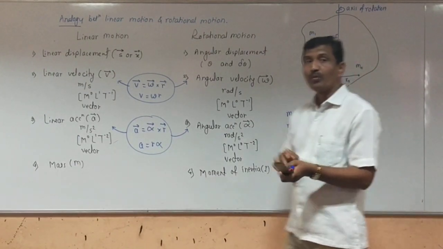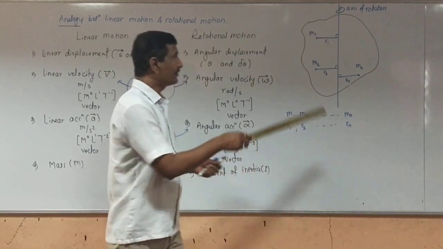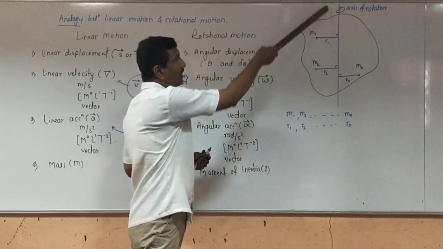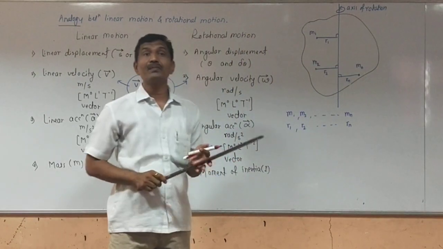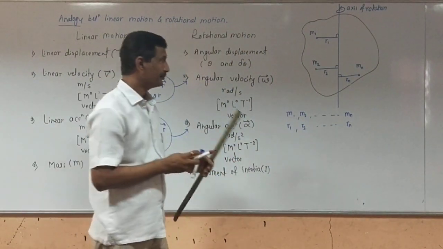Now, what does moment of inertia of this rigid body about a given axis of rotation mean?